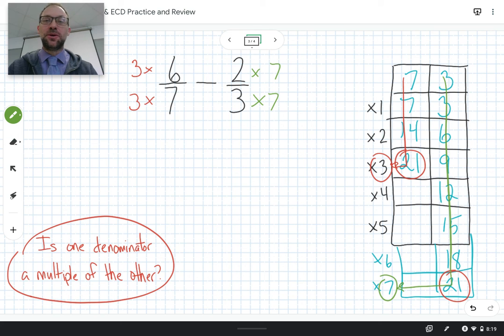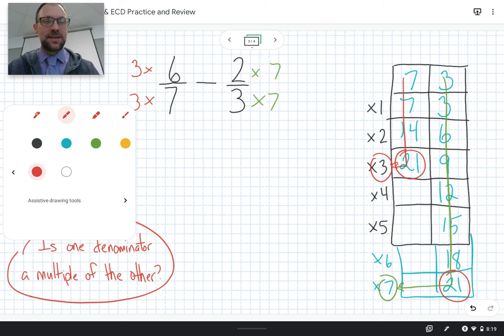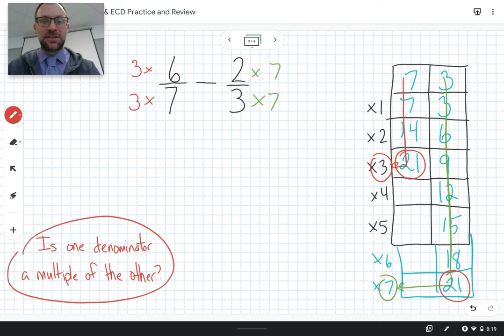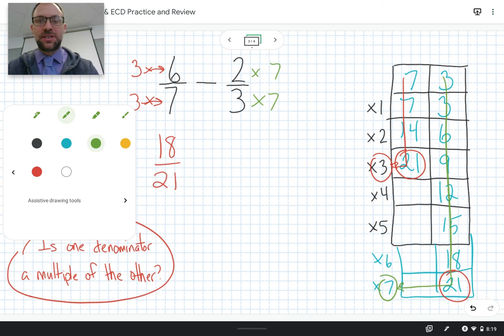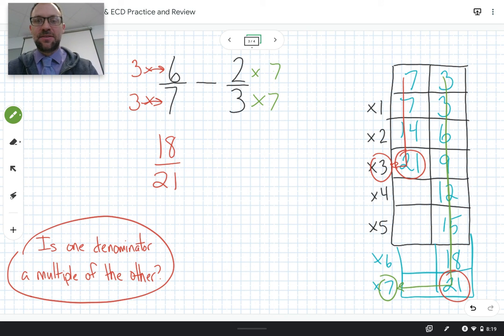What are the two new equivalent fractions for 6/7 and 2/3? You got it. 6/7 turns into 18/21, right? 3 times 6 and 7, 3 times 7. And 2/3 turns into 7 times 2 is 14. 7 times 3 is 21.